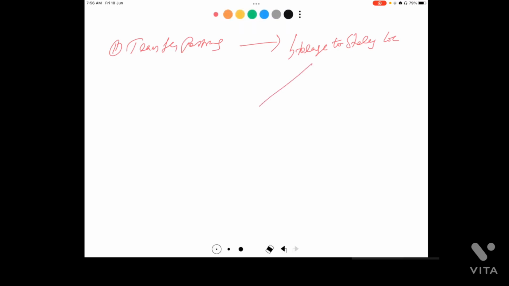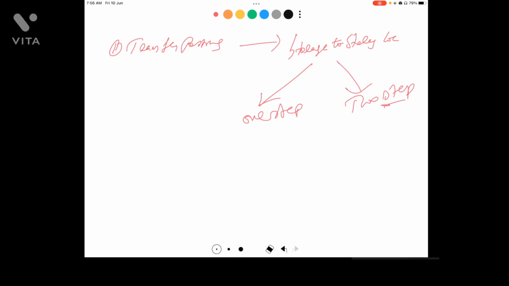Here again there is a one step and a two step procedure. I don't think it is necessary to explain one step and two step again, right? You already understand. In the storage location transfer we can also do it from one plant to another plant. And there is one more, which is material to material transfer.